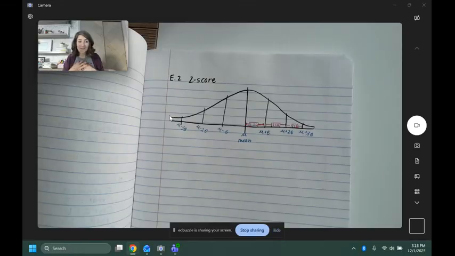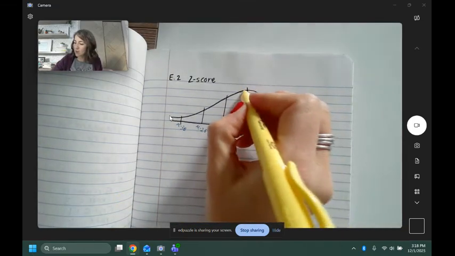And mathematicians in general found that, based on what standard deviation is, 68% of data is within 1 standard deviation of the mean.